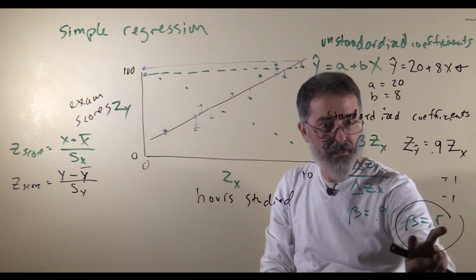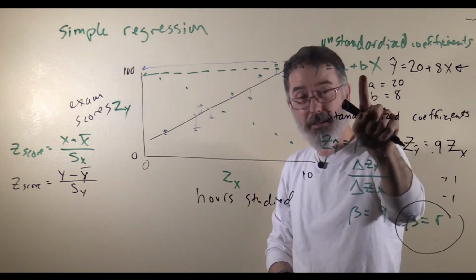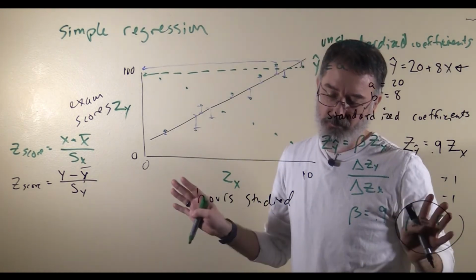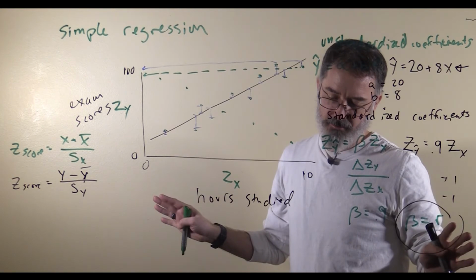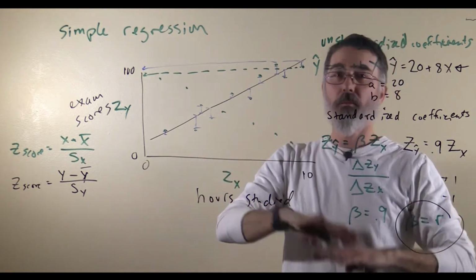That makes it intuitive. When you think about a B, it is not all that intuitive. So if you do 10 different regressions on 10 different pairs of variables, B could vary widely.